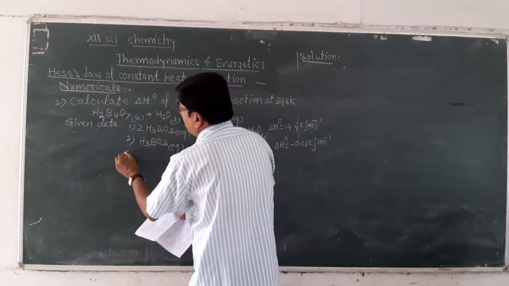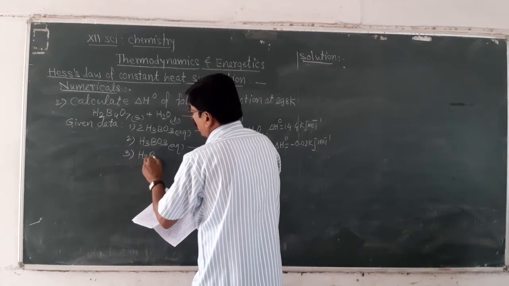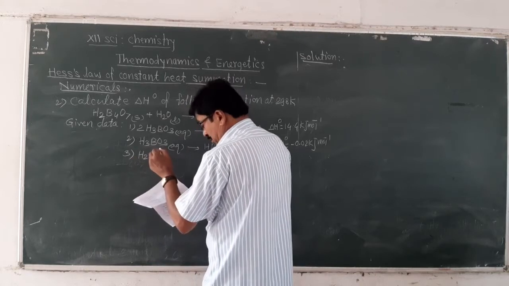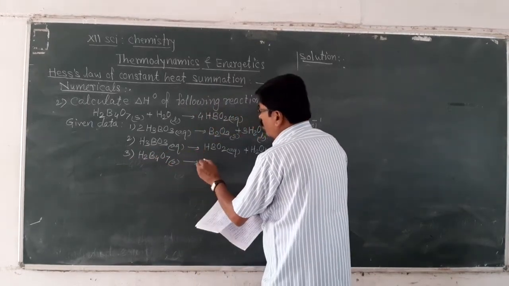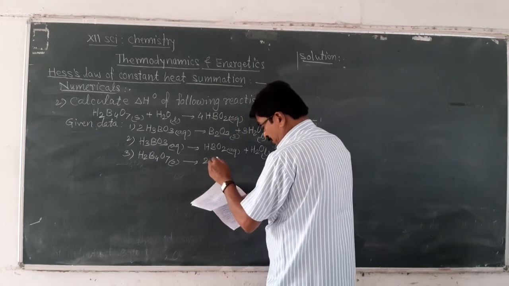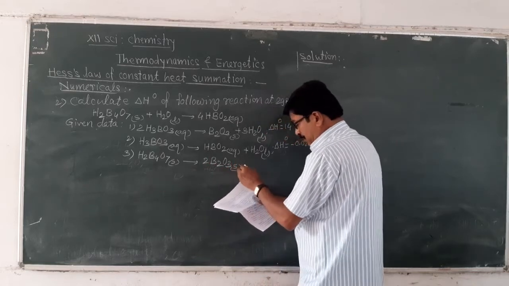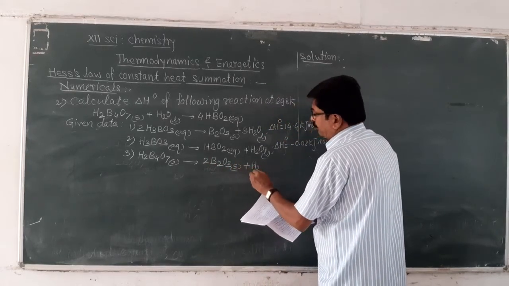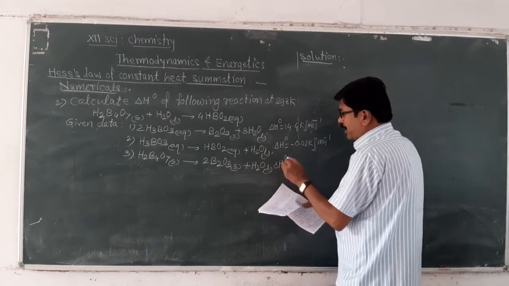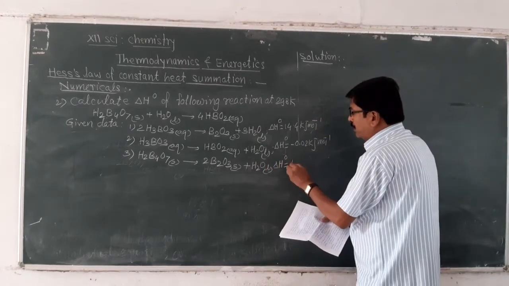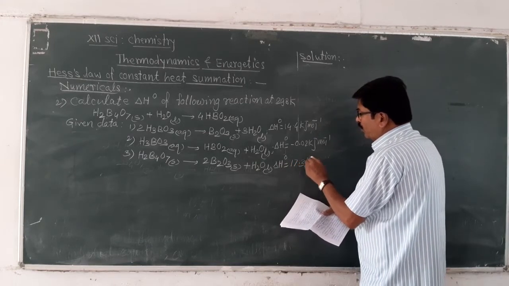And the third reaction is given: H2B4O7 solid to give 2B2O3 solid plus H2O liquid, and the enthalpy change of this reaction, delta H naught, is 17.3 kilojoule per mole.